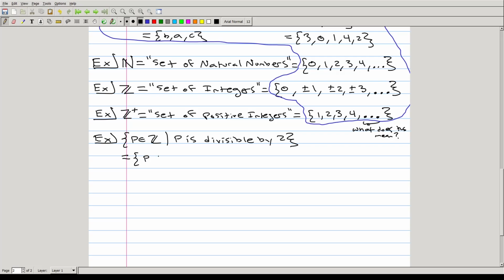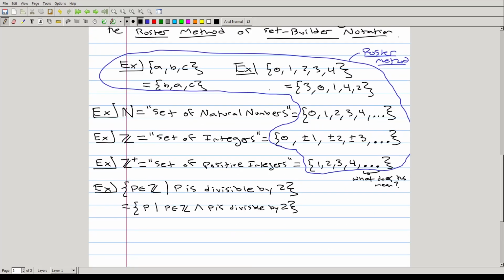Equivalently, you could say the set of p such that p is in Z and p is divisible by 2.